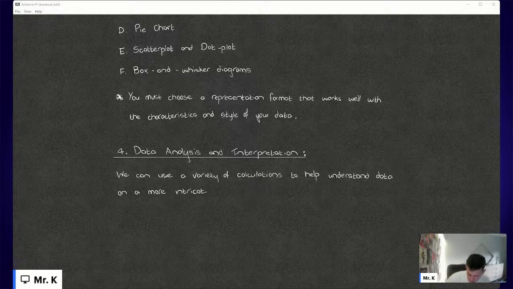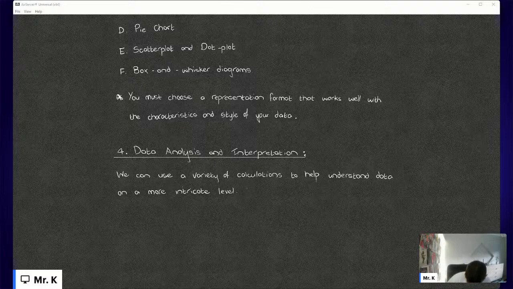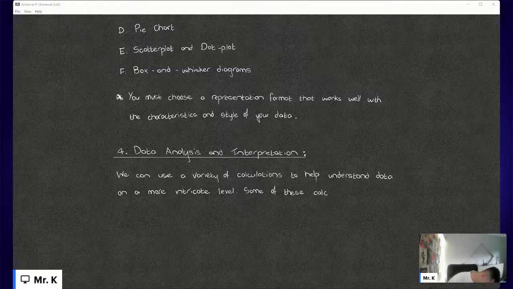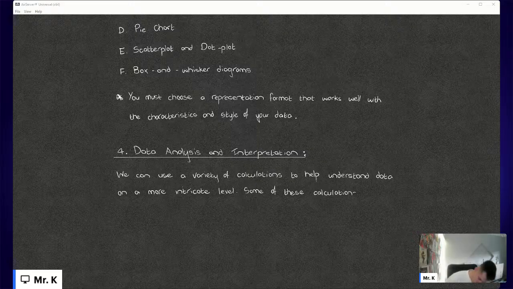So we can use a wide variety of calculations to help us understand data on a more intricate level. Some of these calculations or values are listed below.